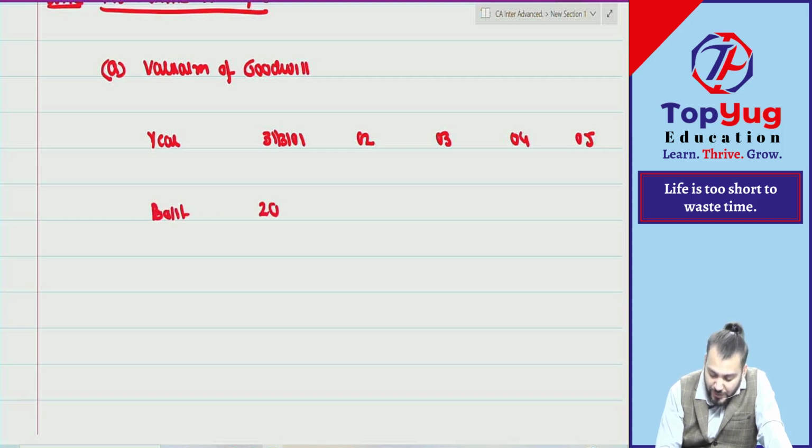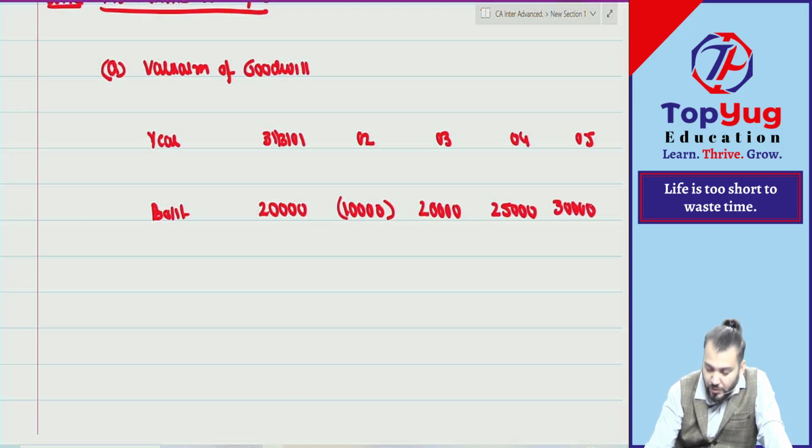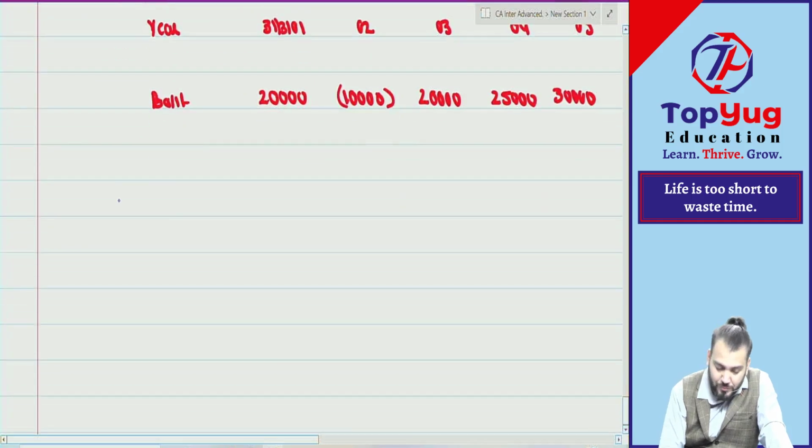Profit given 20,000, then 10,000 loss, then 20,000 profit, then 25,000 profit, then 30,000 profit. Now you will give me the adjustment.